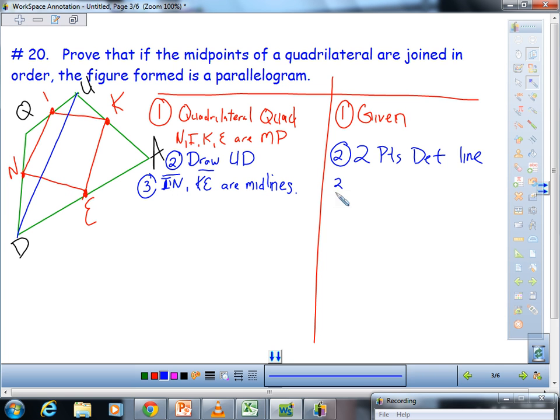We've never used that in a proof, so what do you think the reason is? Quinn? That's right. What is the definition of a midline? If what, Quinn? Put it in if-then form. Well, we're going to want to say then it's a midline, because it's the definition of it.